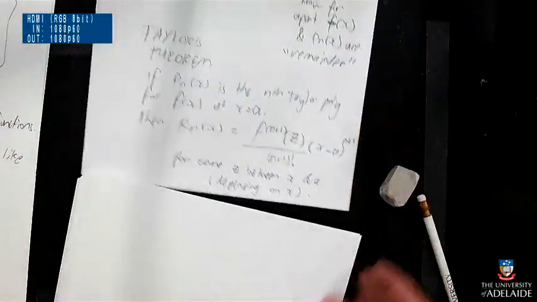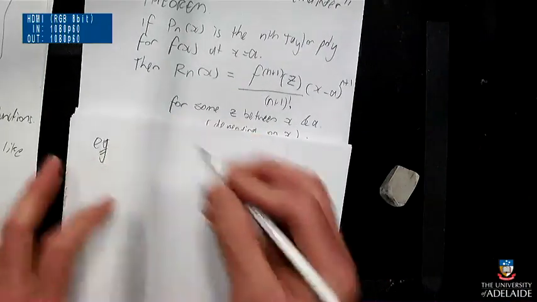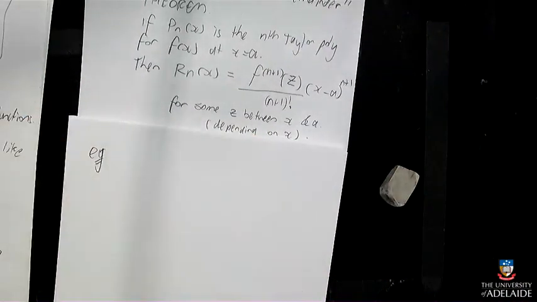So I should do some examples of using the remainder actually in action. So let's say we're going to keep using the same f of x.